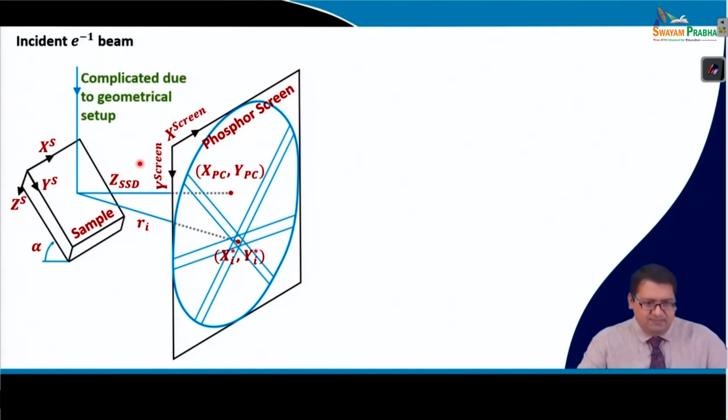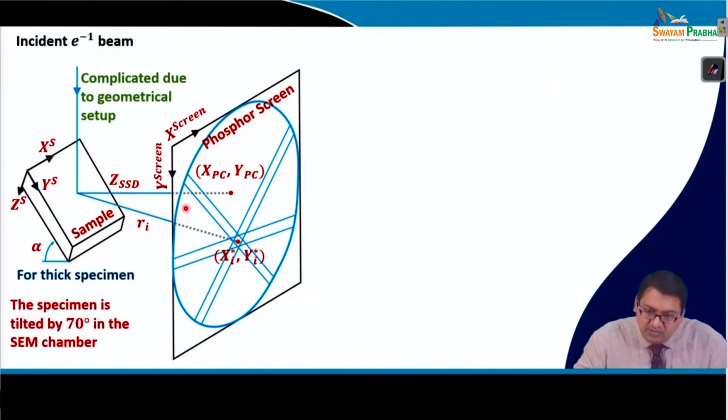You can see that if this is the incident beam, perpendicular to the incident beam is not somewhere which is parallel to the one representing a major zone axis of the specimen, and it is not even at the center of the phosphor screen, but relatively at the top position, right.